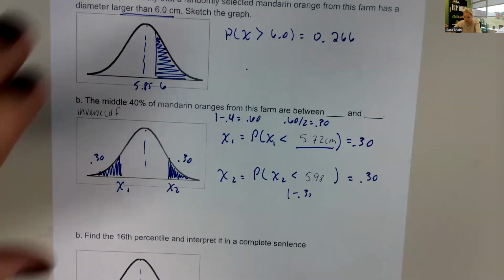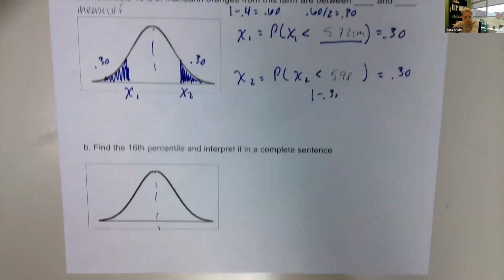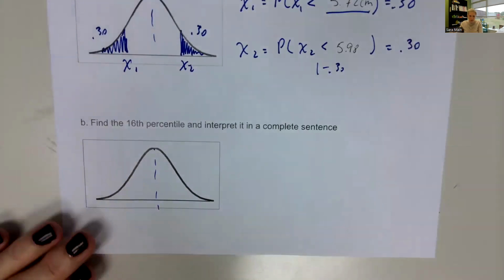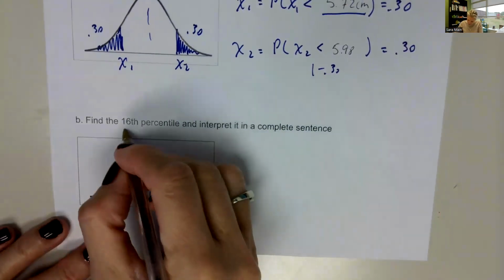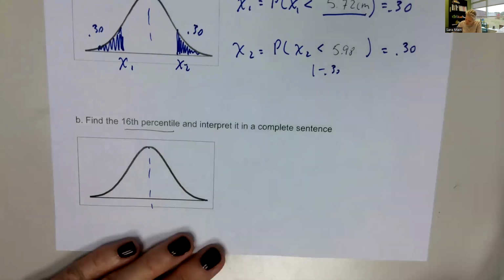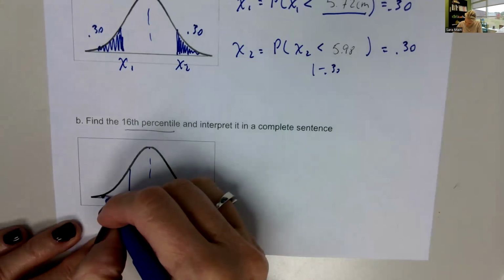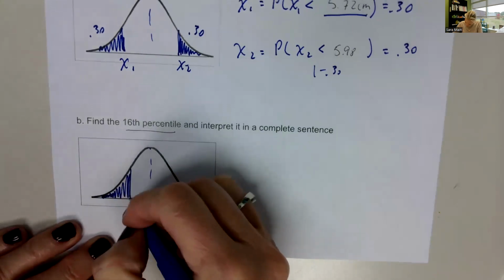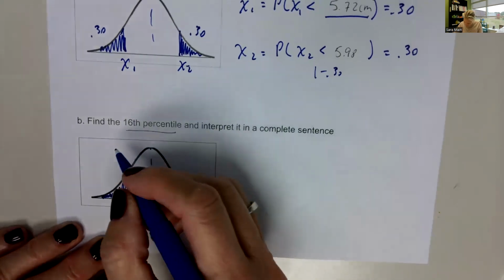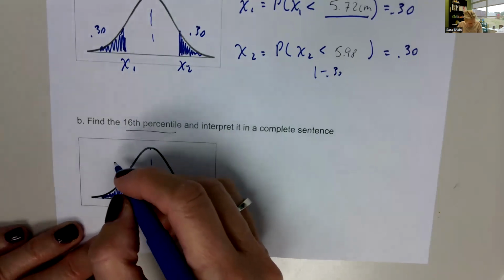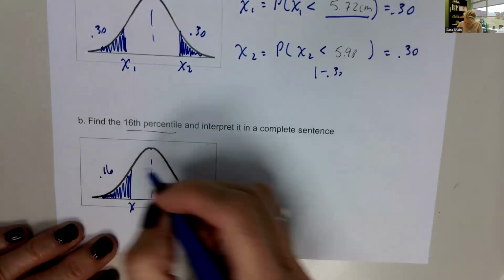And then the last problem: find the 16th percentile and interpret it in a complete sentence. The 16th percentile means that 16% of oranges have a diameter less than this diameter.